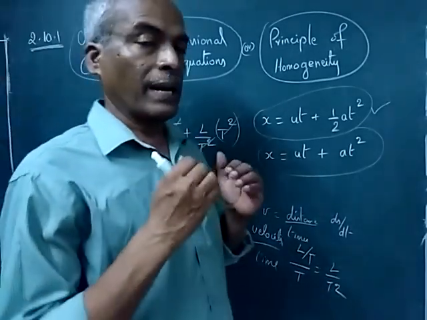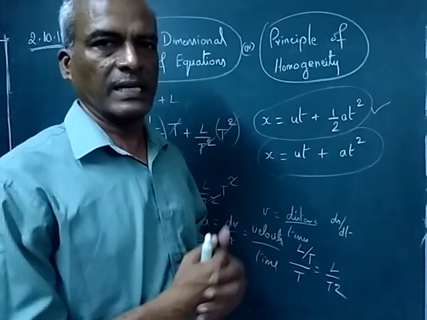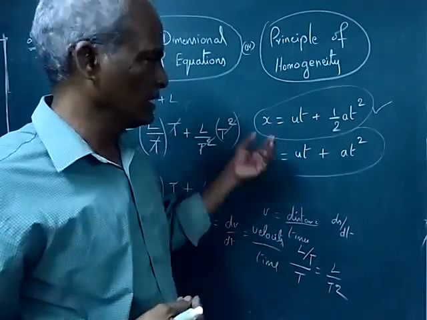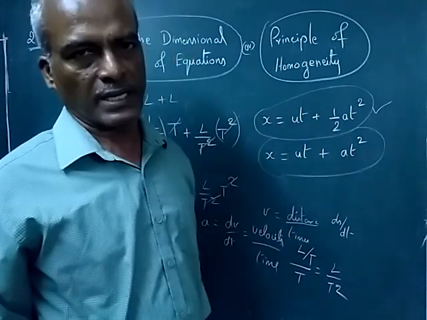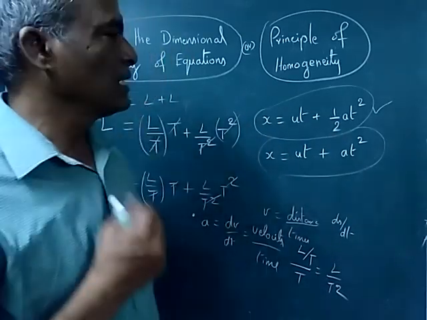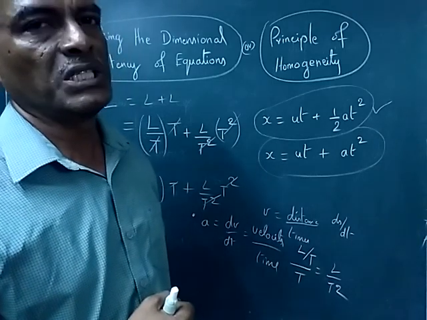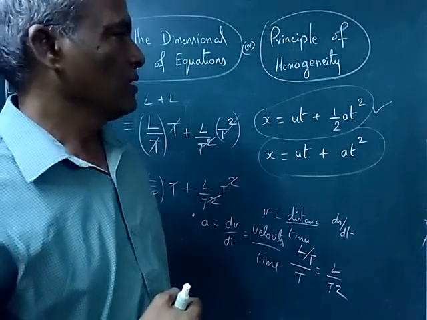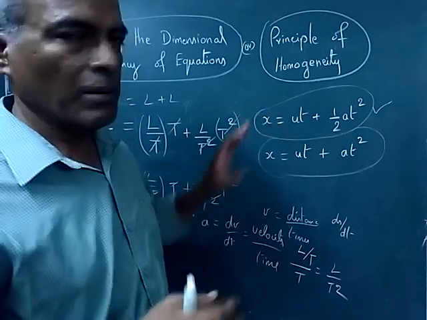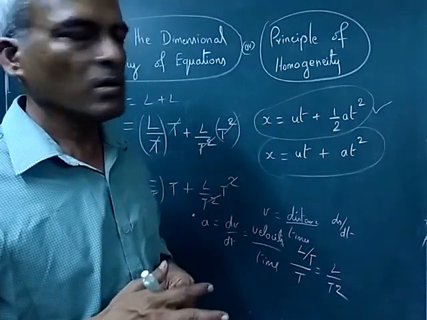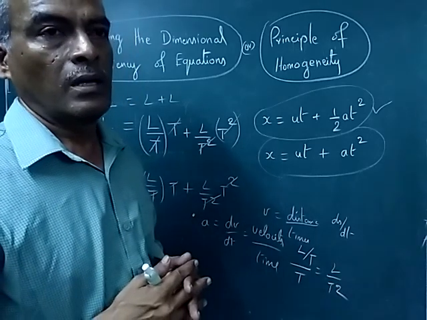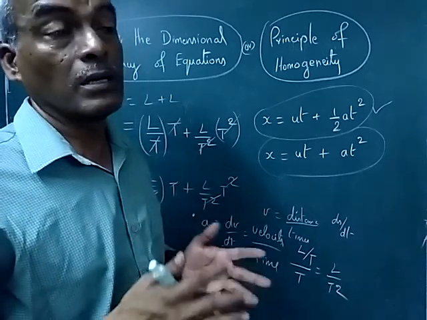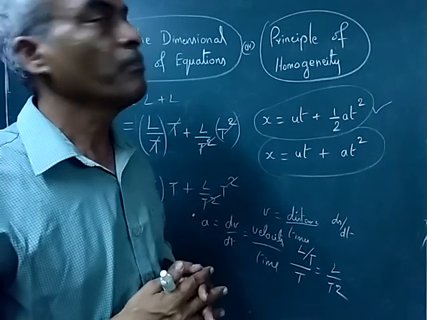But practically when you apply it in science, when you consider the equation, this is not correct. The first one is correct. So that's the principle of homogeneity. Okay. So dimensionally wrong means definitely it is wrong, but dimensionally correct need not be correct.